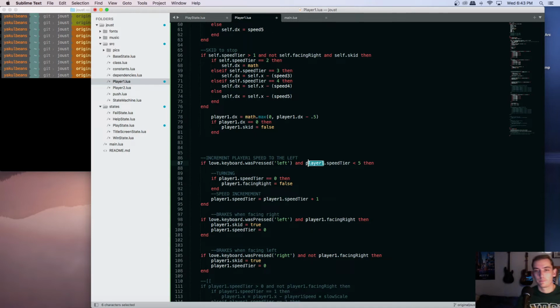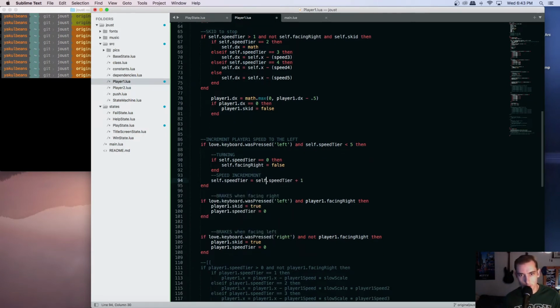But I've got to change all this. Which, there's got to be a better way of doing this, but I don't want to accidentally change stuff that isn't supposed to be changed.